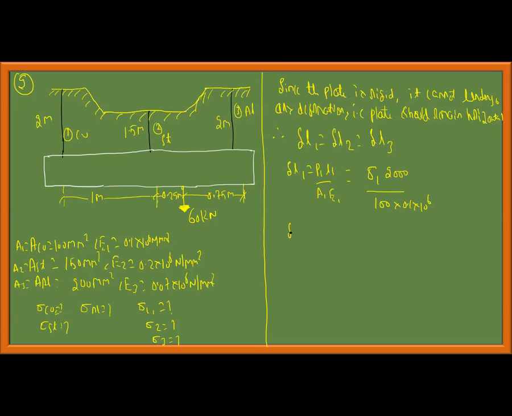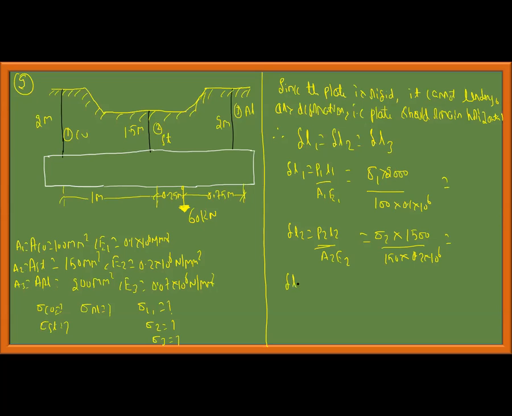Delta L2 equals P2 L2 by A2 E2, which is sigma 2 into length of 2, 1500 mm, 1.5 meter, by E2, 0.2 into 10 power 6.